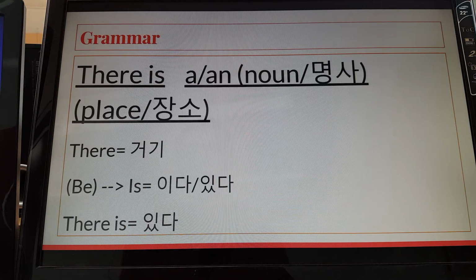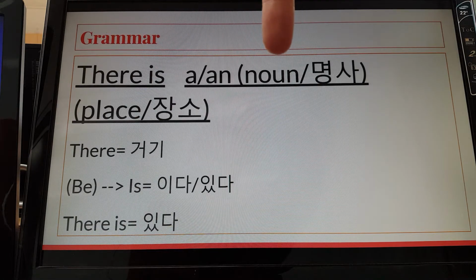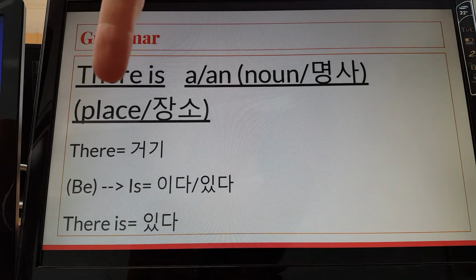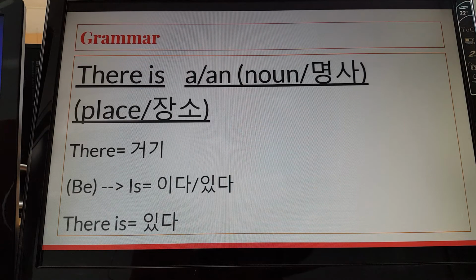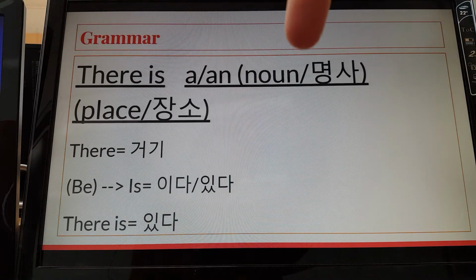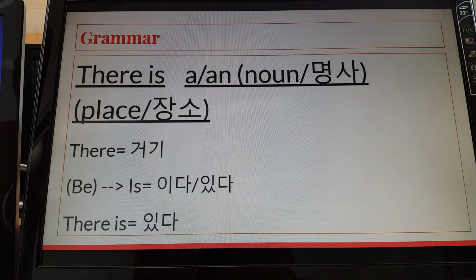So with there is, you put an article, which is a or an, with a noun and a place. So our phrase is there is, a or an, noun, place.